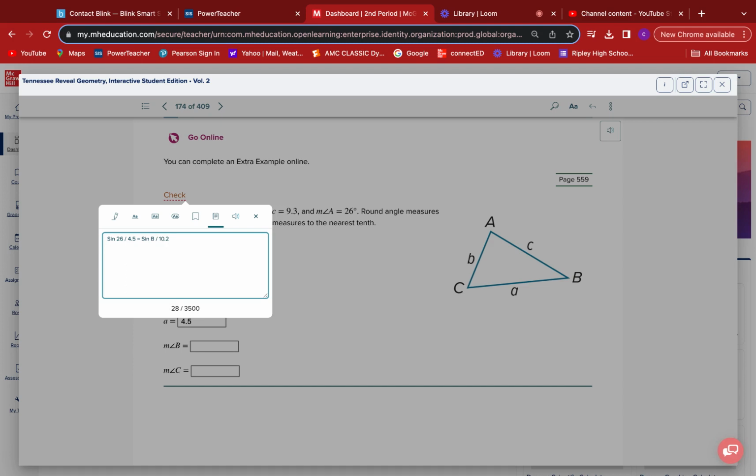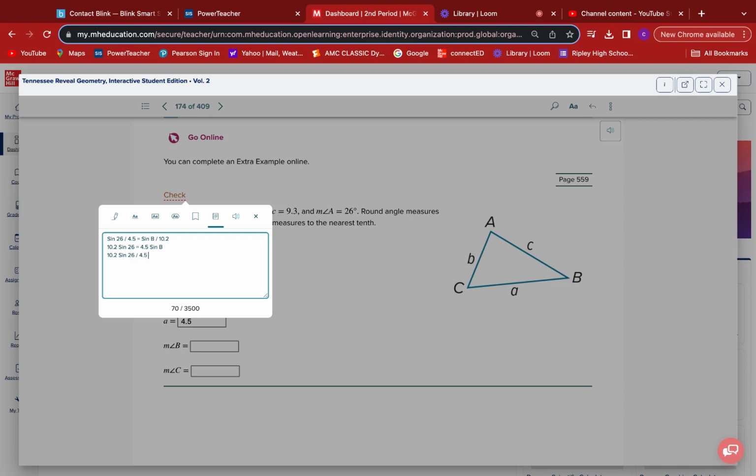You're going to multiply 10.2 times the sine of 26, and 4.5 times the sine of B. The opposite of multiplying is to divide by the 4.5. Remember, we're trying to get the sine of B by itself, so divide by the 4.5. So 10.2 sine 26, all of that divided by 4.5.